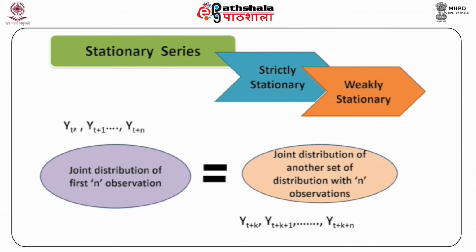Any series yt plus 1 to yt plus n is considered to be strictly stationary if the joint distribution of the first n observations is equal to that of another set of n observations separated by a time lag, say k, that is yt plus k to yt plus k plus n.